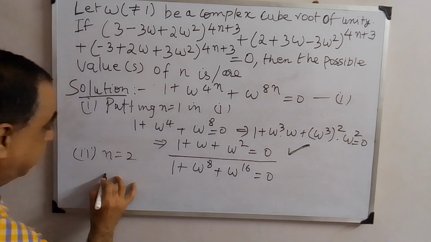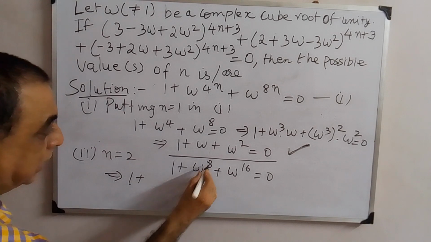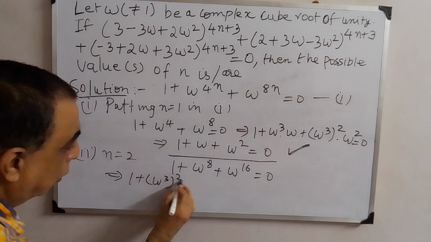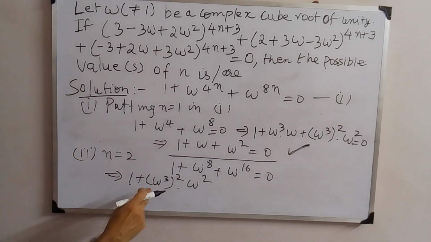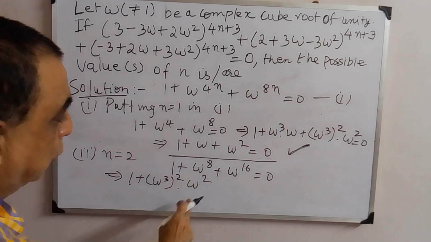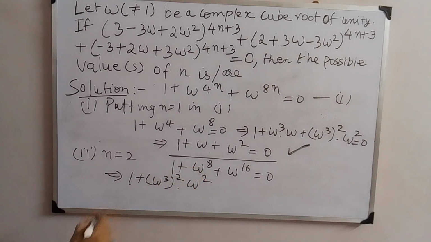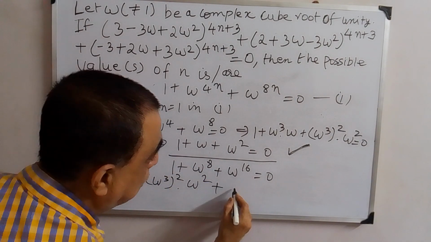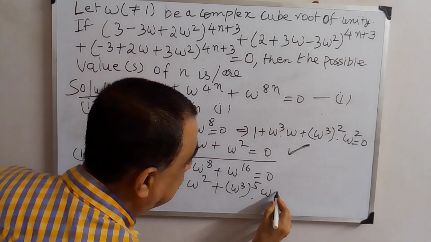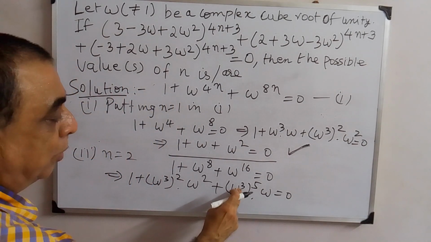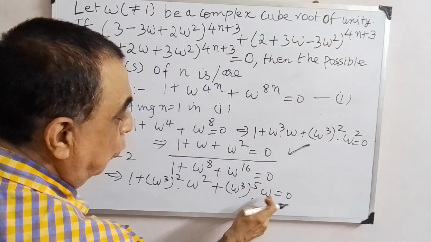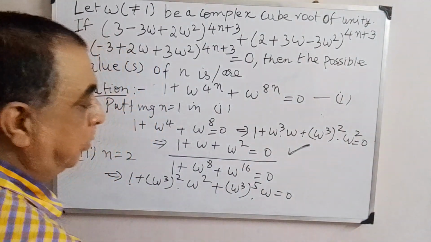Now I am writing omega to the power 8 as omega to the power 3 whole squared into omega squared, because omega to the power 3 whole squared will be omega to the power 6, into omega squared gives omega to the power 8. Similarly, I am writing omega to the power 16 as omega cube whole to the power 5 into omega. So omega to the power 3 whole to the power 5 becomes omega to the power 15, into omega, so I get omega to the power 16.